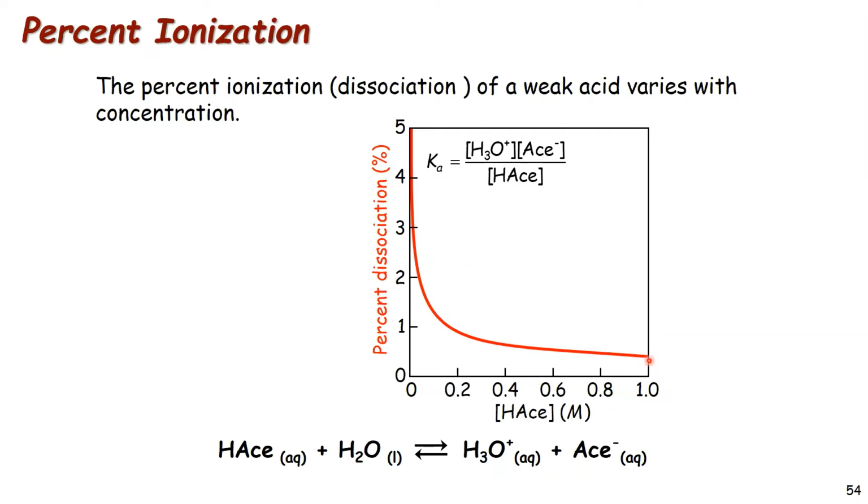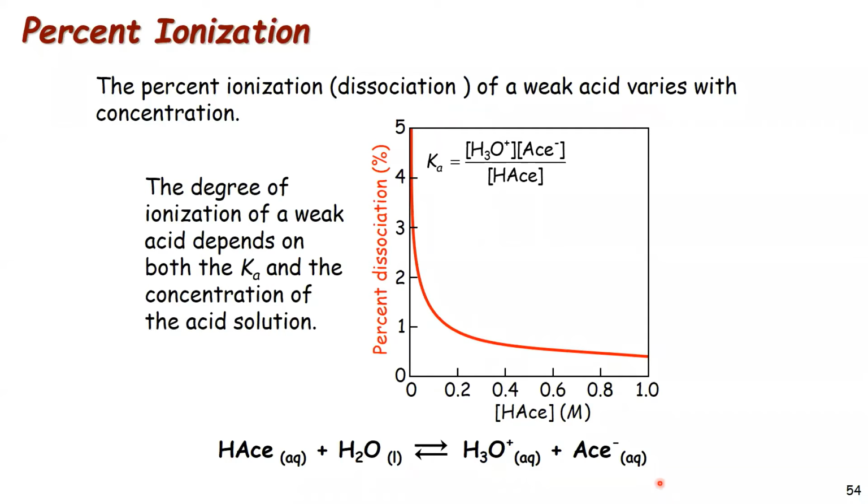So again, we can see at very high concentrations, the whole way until you get to about 0.2 molar, less than 1% of the acetic acid molecules actually dissociate. Then once they become more and more dilute, you can see that more and more of them are actually dissociating.